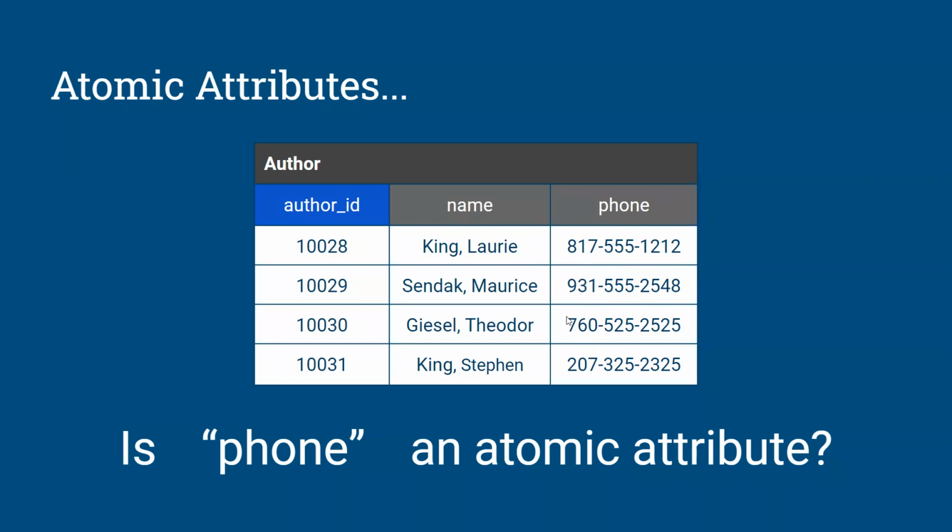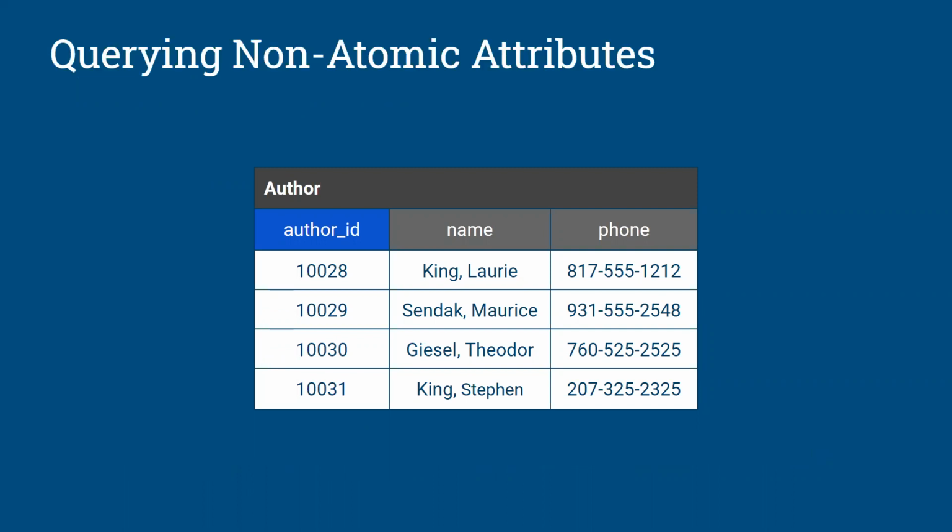Well, 760 is the area code for folks down there. And if they're landline users, it still is, but landline, who uses a landline? Some people do, but it's becoming less. So the area code is now less information-bearing than it was 20 or 30 years ago. So we're going to treat phone as an atomic attribute. It's the way it is.